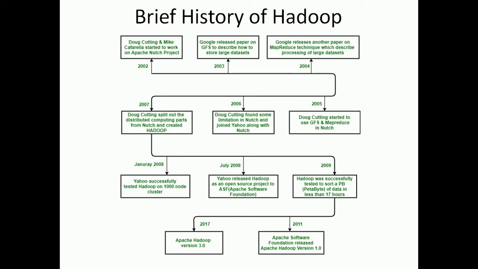In 2009 Hadoop was successfully tested to sort a petabyte of data in less than 17 hours. In 2011 the Apache Software Foundation released Apache Hadoop version 1.0. In 2017, Apache Hadoop version 3 was launched. Currently Hadoop is running on version 3.0.